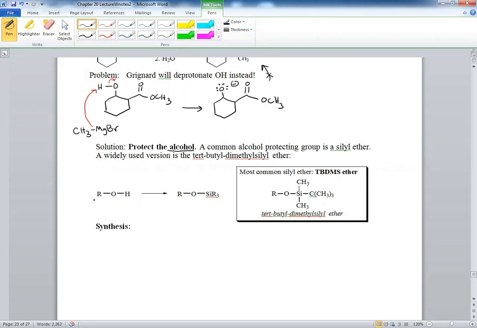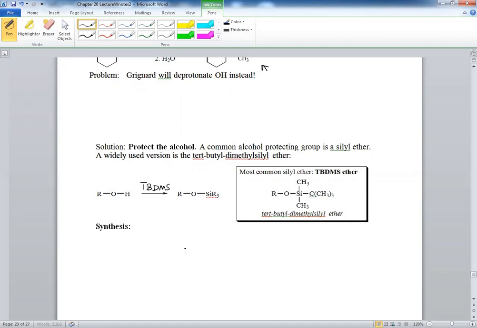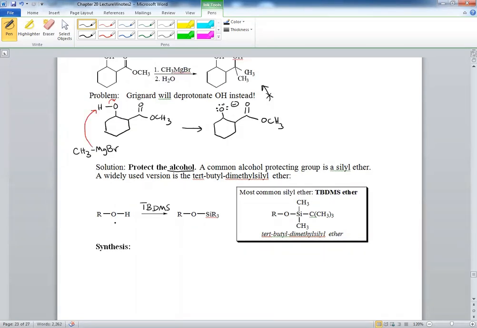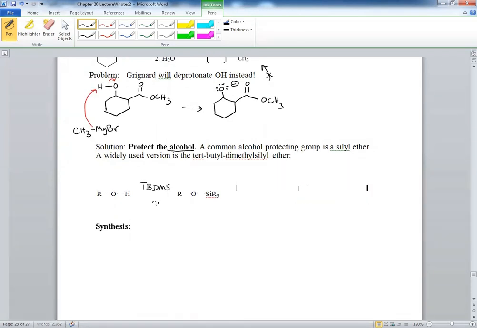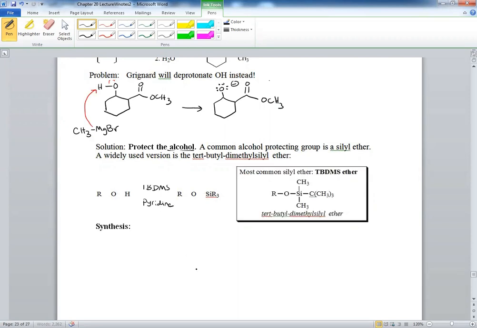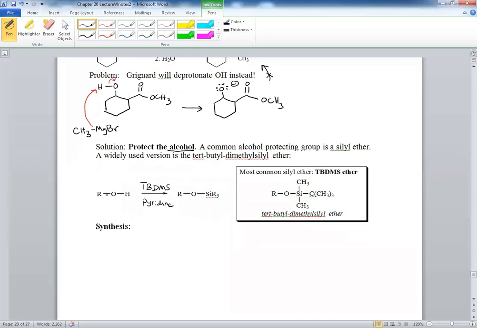If we have an alcohol and react this with TBDMS, and if we use a base such as pyridine, then we can replace this H with the protecting group, once again, the silyl ether.